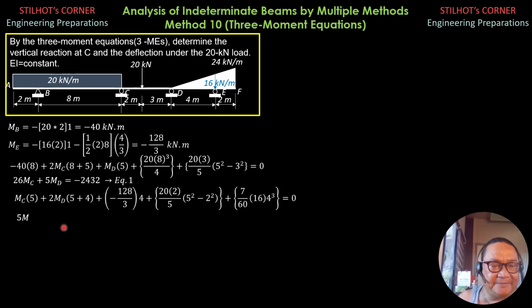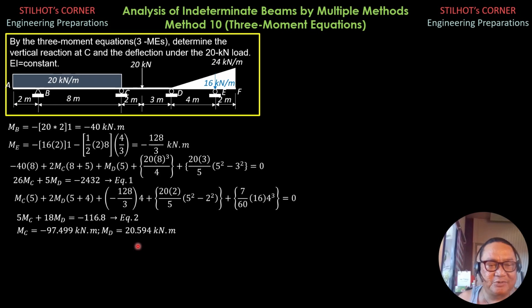Simplifying, 5 MC plus 18 MD equals negative 116.8. We call this equation 2. Solving equations 1 and 2 simultaneously, we obtain MC equals negative 97.499 kilonewton meter and MD is 20.594 kilonewton meter.